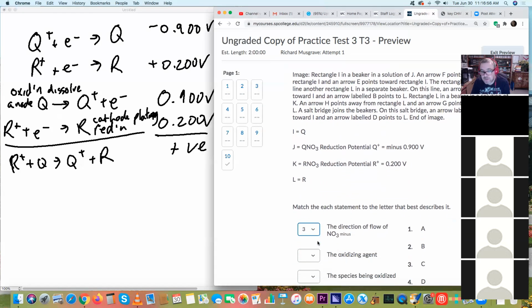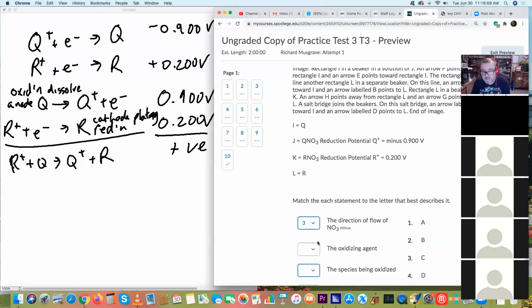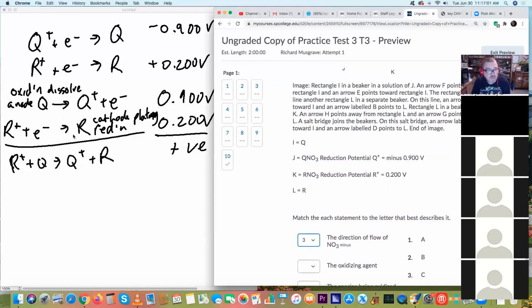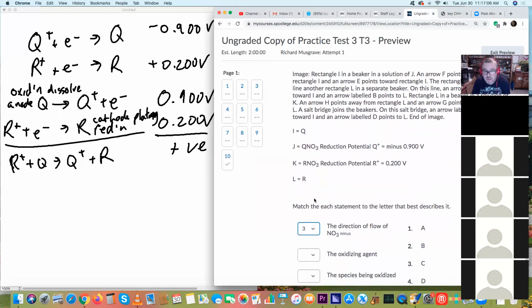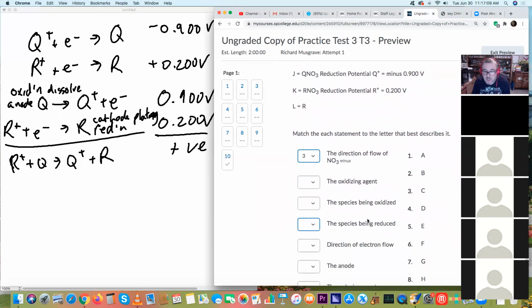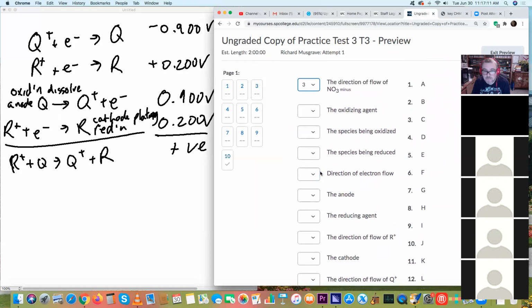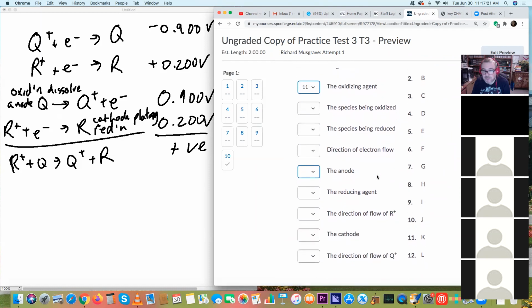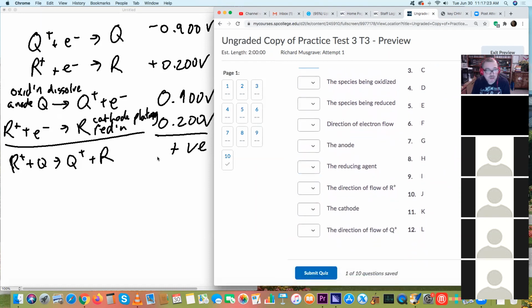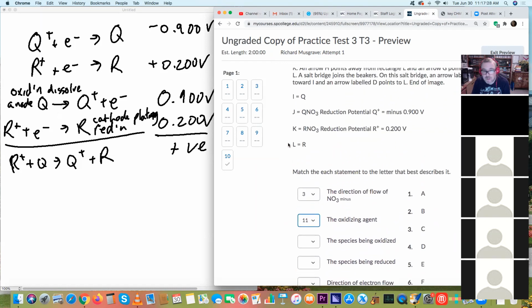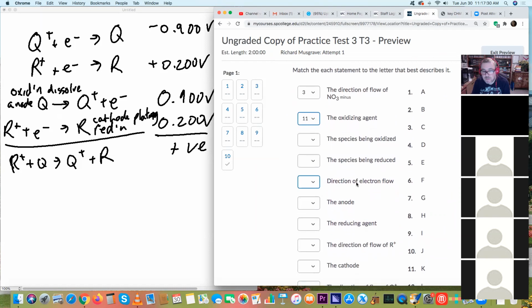Yeah. Okay. Oxidizing agent. Well, the species being reduced is the oxidizing agent, and the species being reduced is R plus. And R plus is going to be K, and K is going to be 11, so it goes in here. Species being oxidized is the Q. And Q is going to be the I here, which is going to be 9.